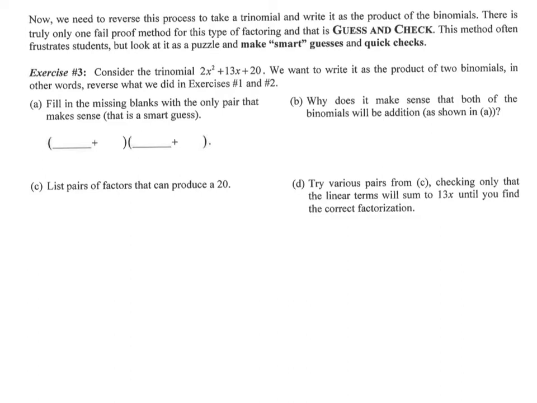Let's look at 2x squared plus 13x plus 20. We're going to rewrite it as two binomials. But I'm not going to use how they are showing you to do it on this worksheet. I'm going to give you a trick.